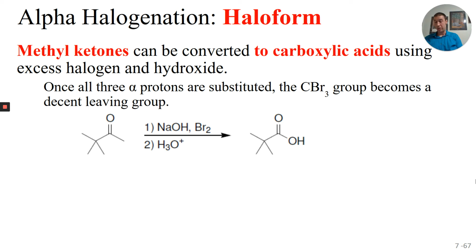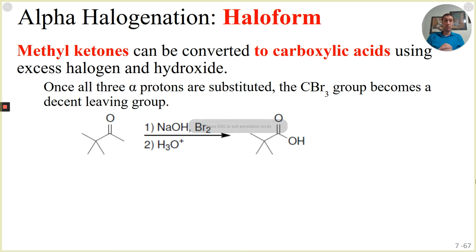Well, the halogen and the hydroxide are our standard for our alpha halogenation, right? The hydroxide is used to deprotonate. So we would get a deprotonation, which gets us our active nucleophile.